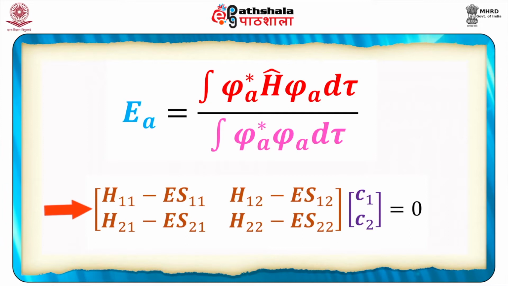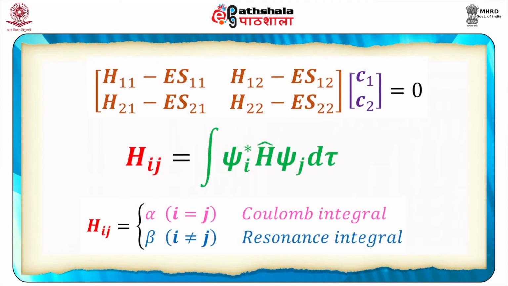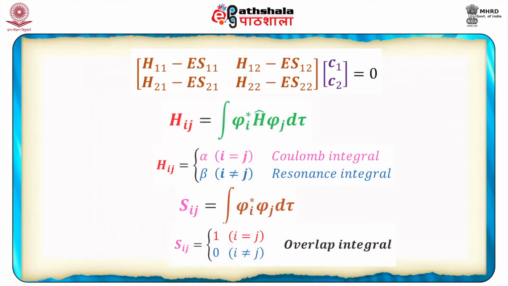This is basically the secular determinant, and as we learned in the last module, if we substitute the values of Hij, Hii, etc. and Sij and Sii, etc., then this secular determinant reduces to the following form.